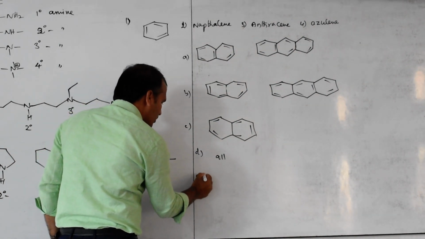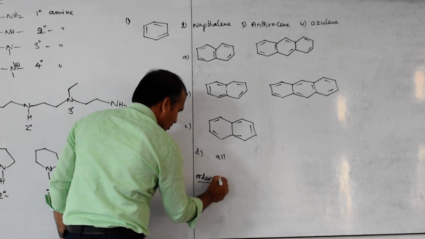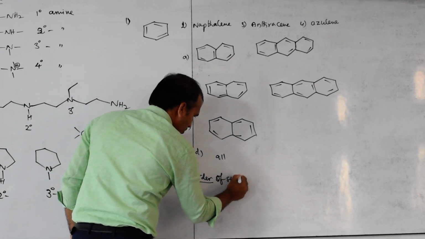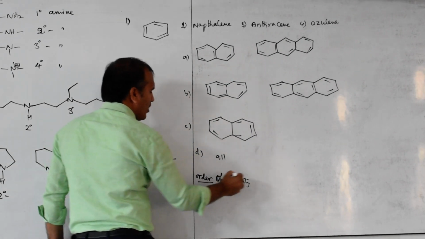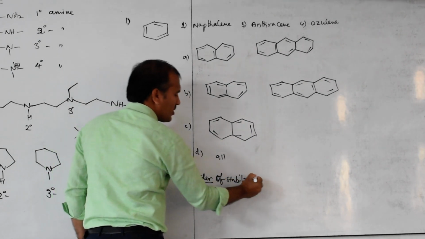If they ask the order of stability, you have to think about the question. This is compulsory first.